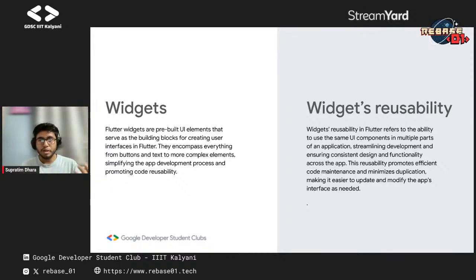Let's say you are planning to make an app that uses a single type of button, a single themed button that is used for the whole app, and the button is used 15 times in the app. One way is writing the code for the 15 buttons separately, or you can make a class, a file for that button, and just use it wherever you want with the specific customization required at that screen or at that moment of time.